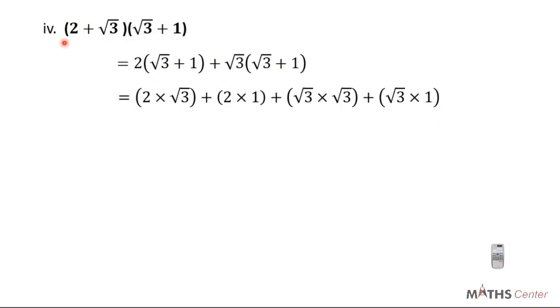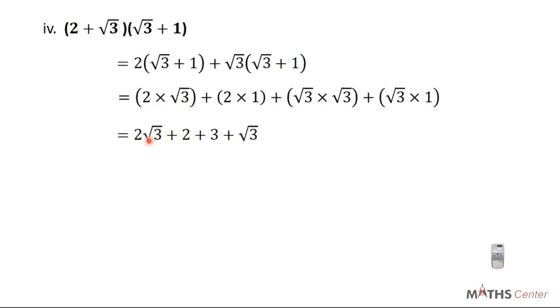So you distribute the first term over everything here, you distribute the second term over everything here, then you open the brackets using the distributive rule. So 2 times square root of 3 plus 2 times 1. You finish with this bracket, you move on to the next one. Square root of 3 times square root of 3 in this bracket, then square root of 3 times 1 in the other bracket. So you do the multiplication.